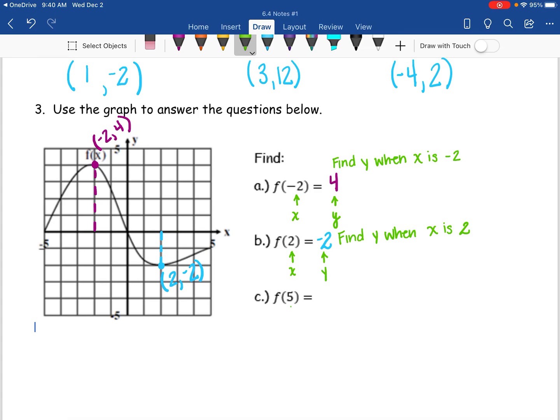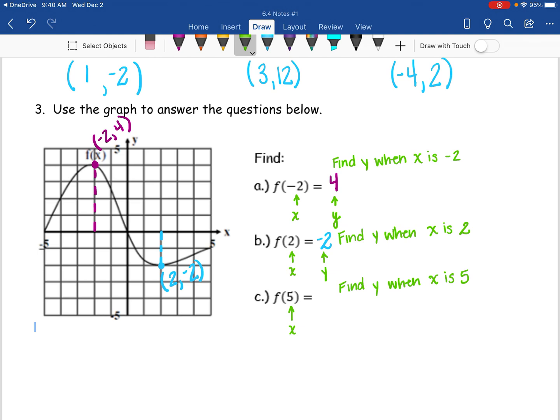The last one that we're going to look at is f of 5. This is asking you to find y when x is 5. You don't have to write these sentences down. This is just for notes, so when you go back to look at it, you understand what we're looking for.